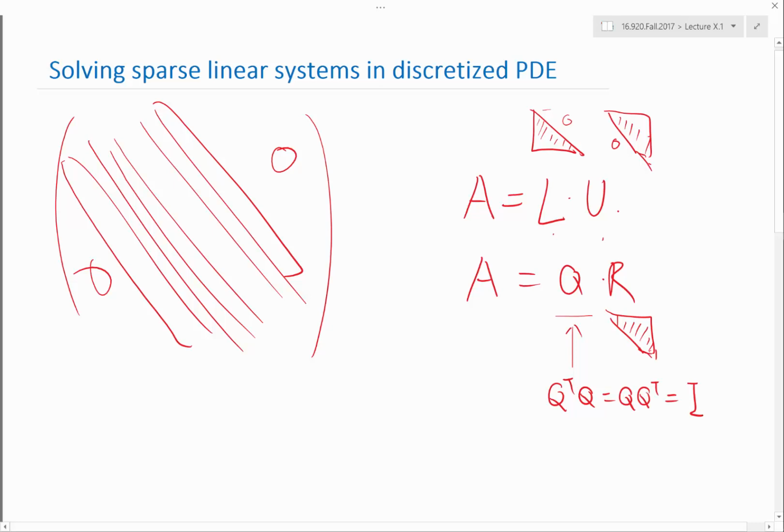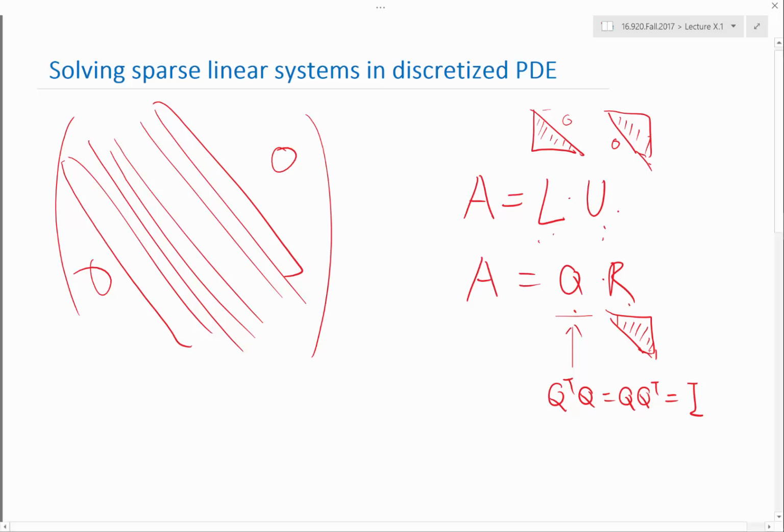There are different decompositions, but all of them have the purpose of making the inversion of each part of the decomposition very, very easy. Why is that the case? Yes? No, L times U. A equal to L plus U would be too easy and it doesn't help.